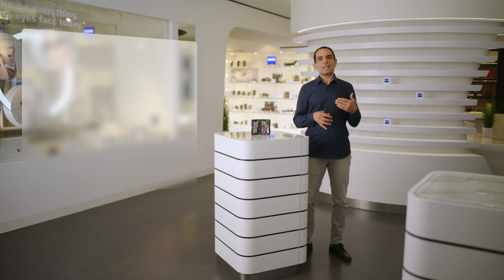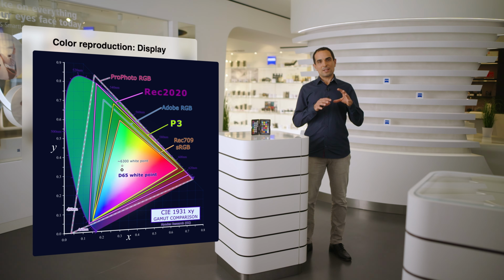Now, you have, let's say, an almost perfectly corrected image, and you have to display or print it. So your screen or your paper or your printer needs to be able to display those colors. Let's take a look at what a screen can do. In that diagram, the oval area represents the colors as they can be seen by the eye, all colors that an eye can see.